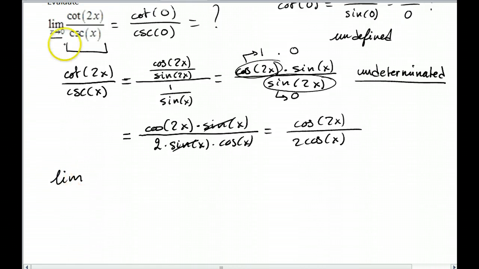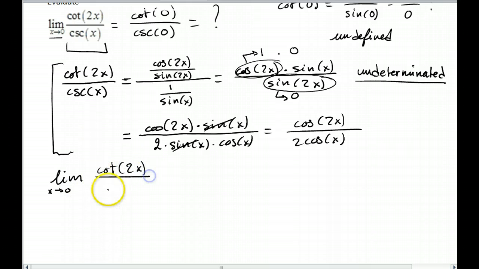Okay, these were my simplifications. It had nothing to do with limits. Now I'm going back to my limit. The limit as x approaches 0 of the cotan of 2x over the cosecant of x is the limit. Please don't forget the limit. Be careful of your notation.